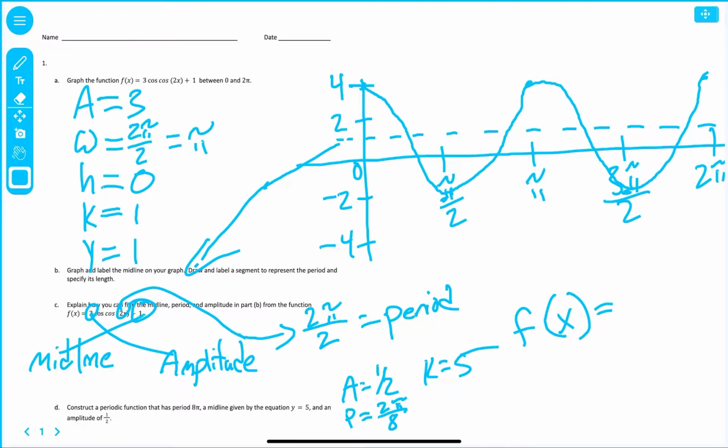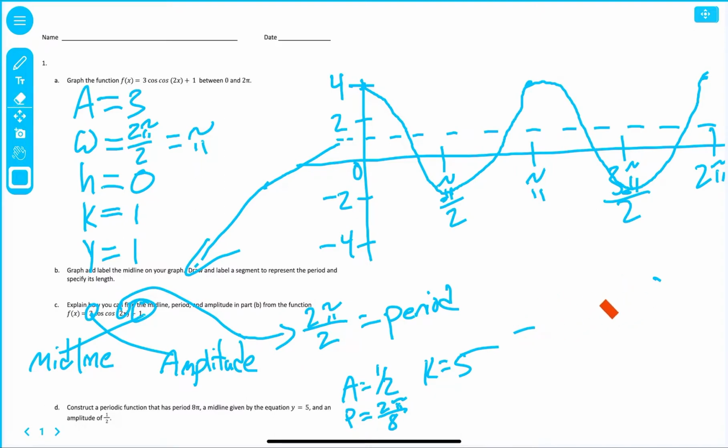What's our amplitude? 1/2 sine. Because Amy said sine. I mean, it doesn't matter, because we can always write it in sine or cosine. We can write it either way. Does not matter.